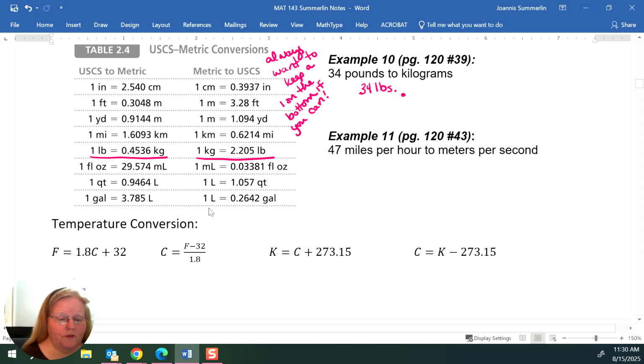Which one do I want on the bottom? I could put this one on the bottom or this one because they both have pounds in them. But I want to try to keep a 1 on the bottom. So I'm going to use this one that's got the 1 pound on the bottom. That way I have a decimal on the top.